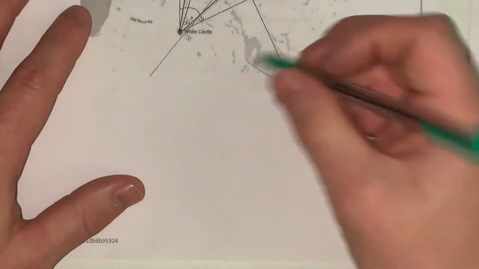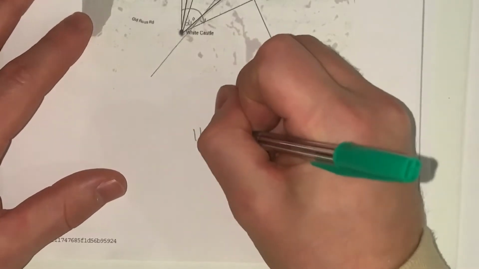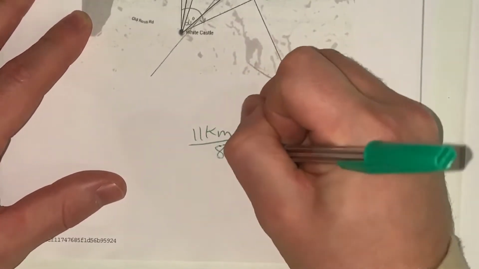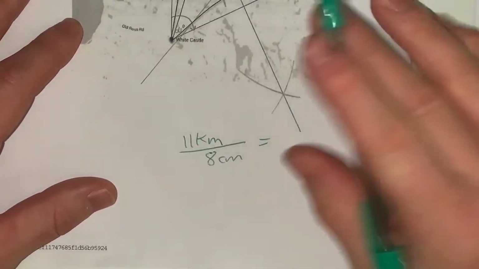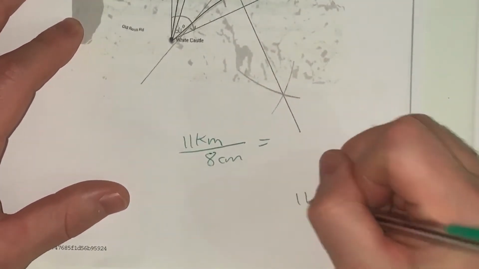So what I would do in an exam is 11 kilometers, because that's what it said, divided by 8 centimeters, because the map scale has got to be written in 1 centimeter. So again, how can you do that in a bus stop?